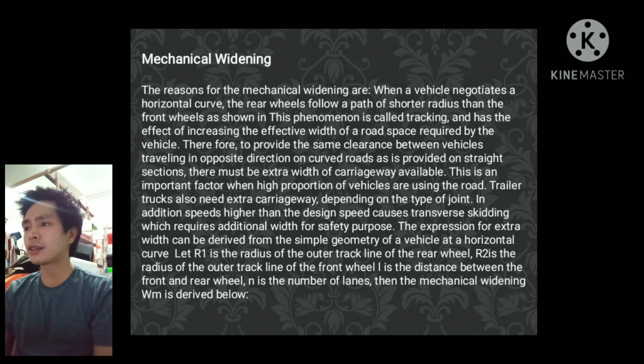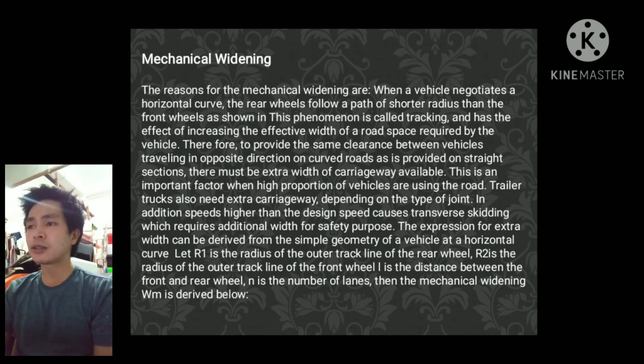Therefore, to provide the same clearance between vehicles traveling in opposite directions on curved roads as is provided on straight sections, there must be extra width of carriageway available. This is an important factor when a high proportion of vehicles are using the road.